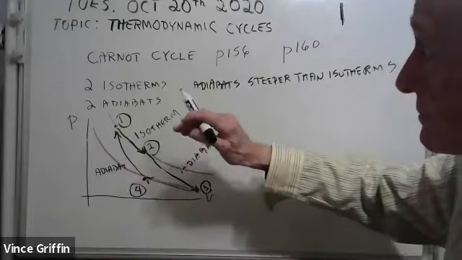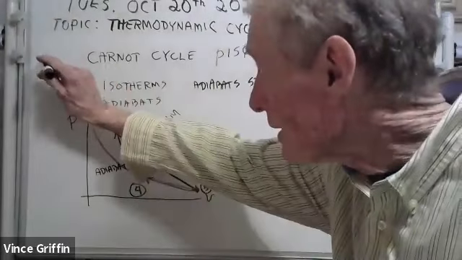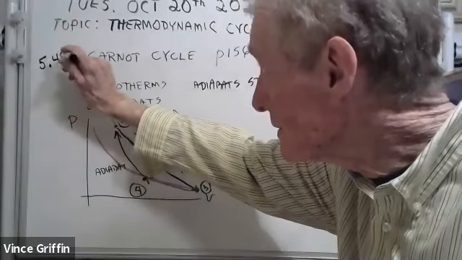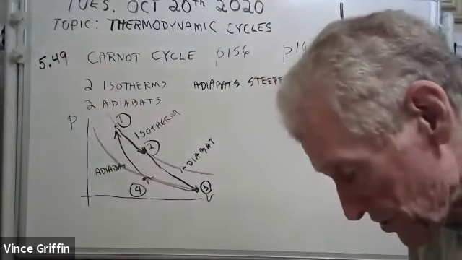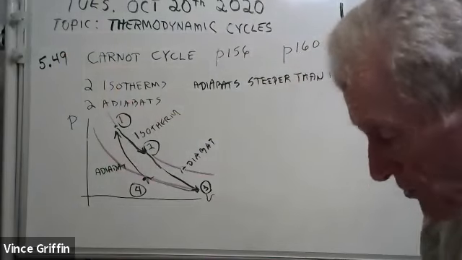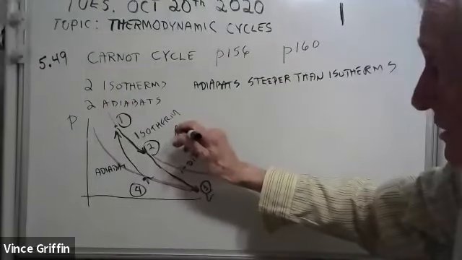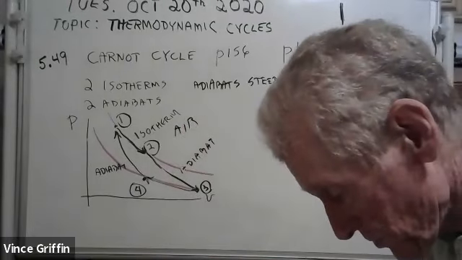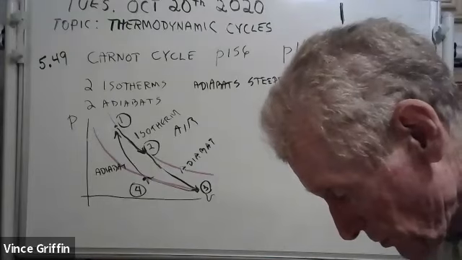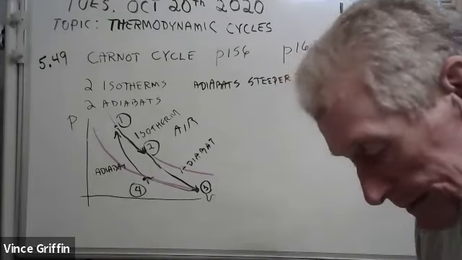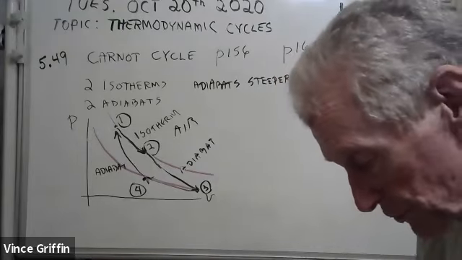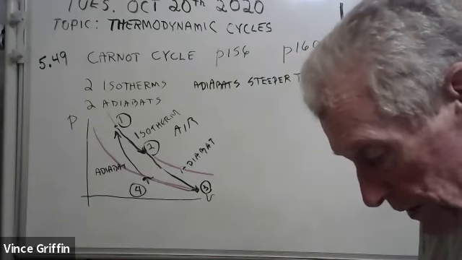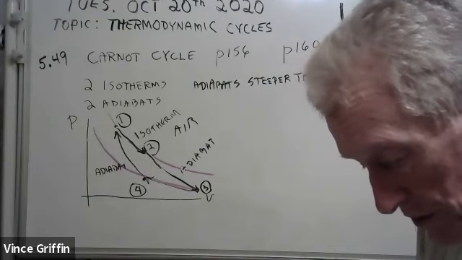This is problem 549. It's air. Well, air can be treated as an ideal gas, so we'll just have air. And a piston cylinder goes through a Carnot cycle with a PV diagram shown in figure 5.21. Well, where the heck is 5.21? Probably back in your chapter. There it is. I found it.